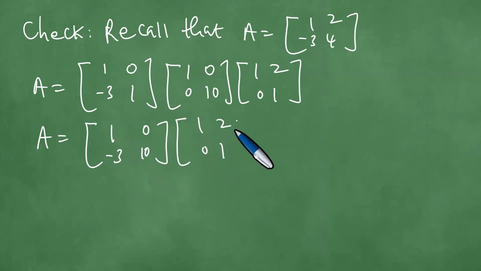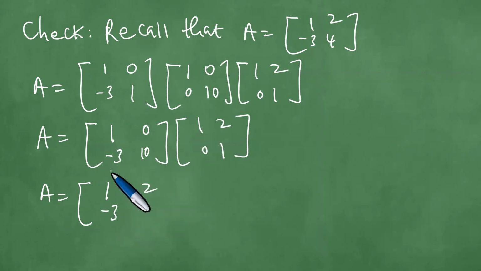Then 1, 2, 0, 1. This by that gives us a 1, this by that gives us a 2, this by that gives us a minus 3, and this by that would give us exactly a minus 6 plus 10, and that's exactly a 4.